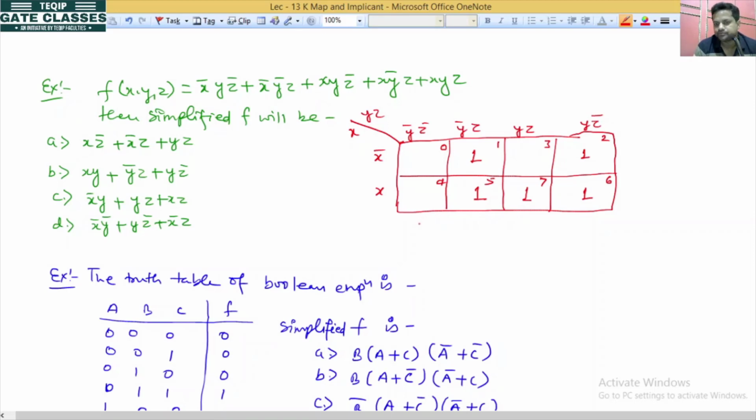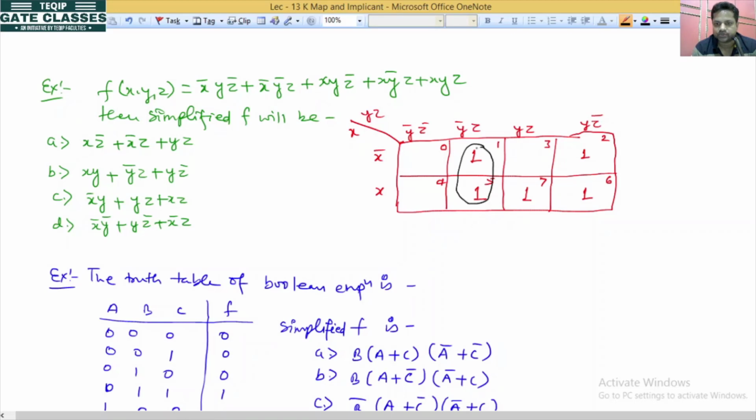Now we have to group all these ones. Okay? So how will we group them? Maximum we have how many? 5 ones are there, so maximum a quad is possible. Can we form a quad here? No, we cannot. Then we move to the pair.